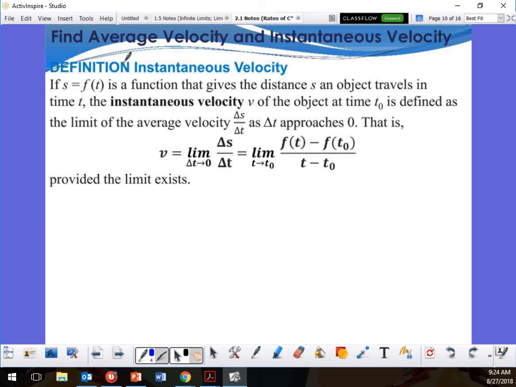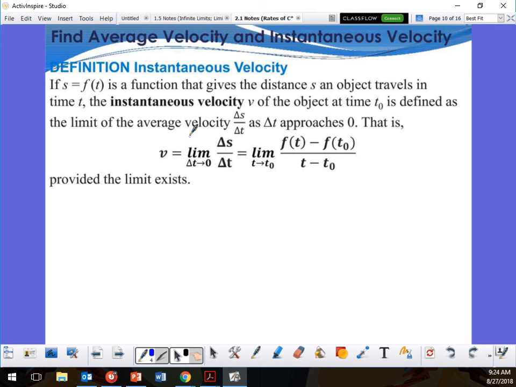Okay, so the definition: instantaneous velocity. s equals f of t is a function that gives distance s that an object travels in time t. The instantaneous velocity v of the object at time t naught is defined as the limit of the average velocity, delta s over delta t, as delta t approaches 0.